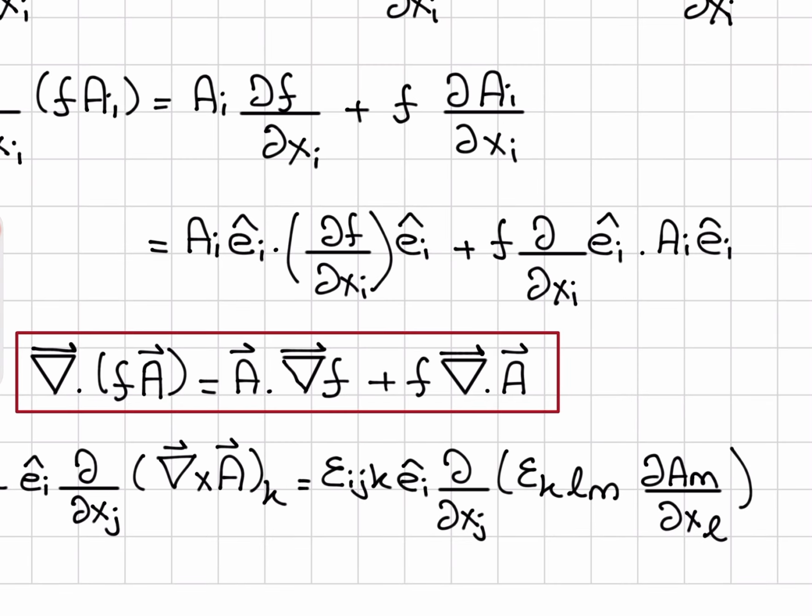Okay, now we can put these two Levi-Civita symbols together, epsilon ijk, epsilon klm, and then operate this del xj on del xl of am. So let's do that.